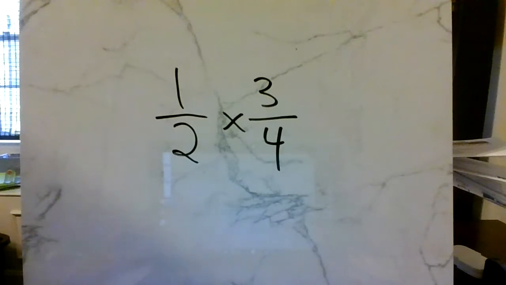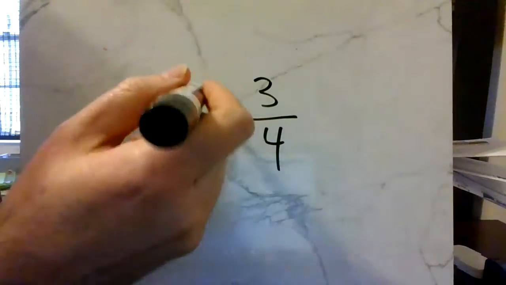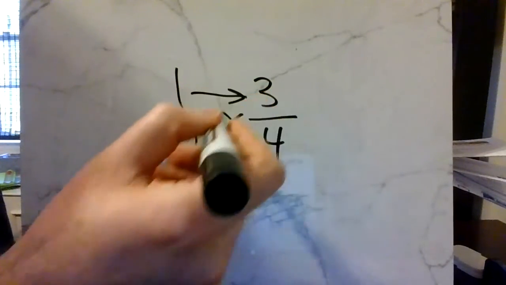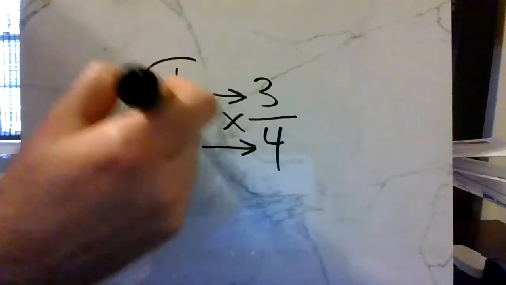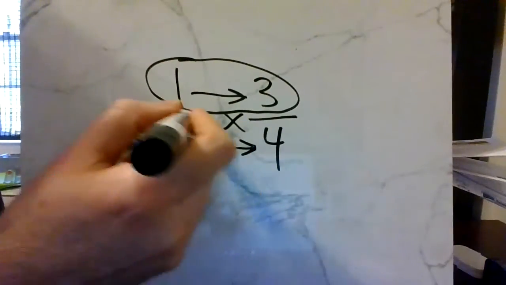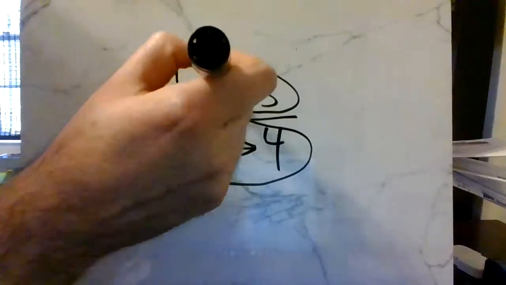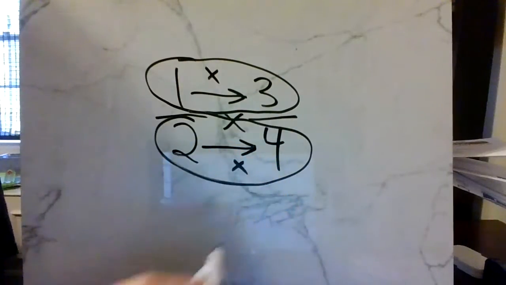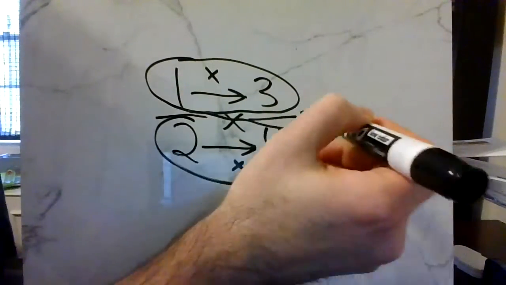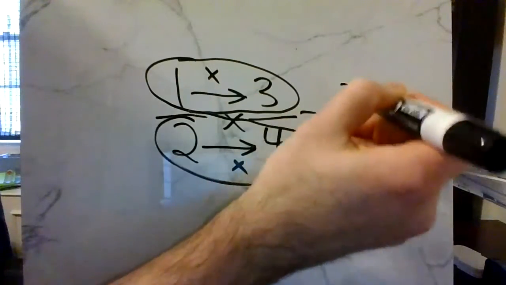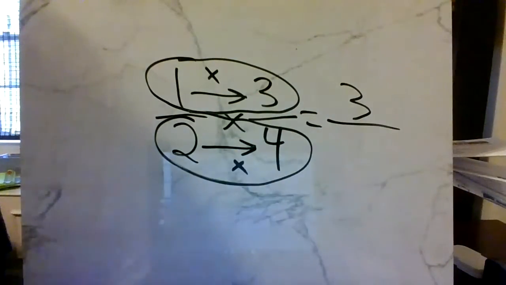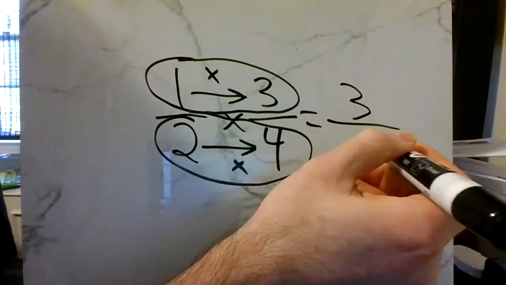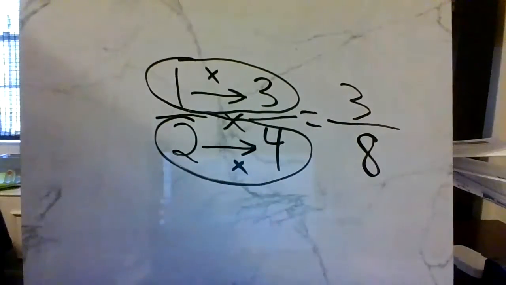We don't do anything like cross multiplication because people get confused with that. We simply multiply the two numerators and the two denominators together. Numerators stay on the numerator. 1 times 3 is 3. 2 times 4 is 8. And that's your answer right there.